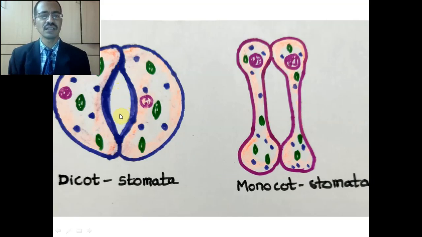The single structure is called a stoma. This is the opening, and surrounding this stoma there are two cells called guard cells. In dicots, these two guard cells are kidney shaped, and in monocots, the guard cells are dumbbell shaped. Here is the typical stomata of the dicots, and this is the typical stomatal structure of the monocot.